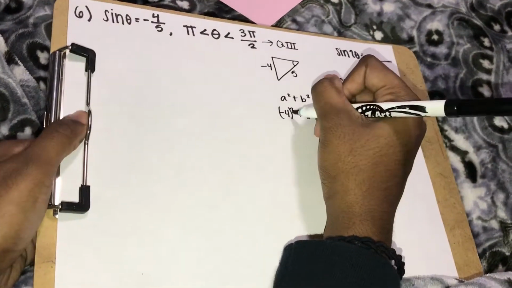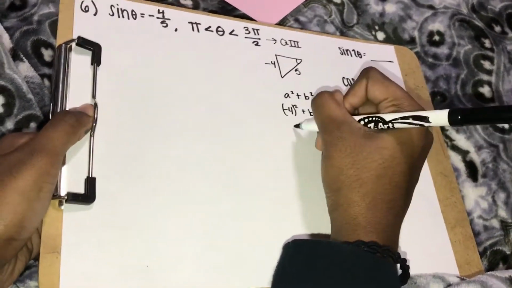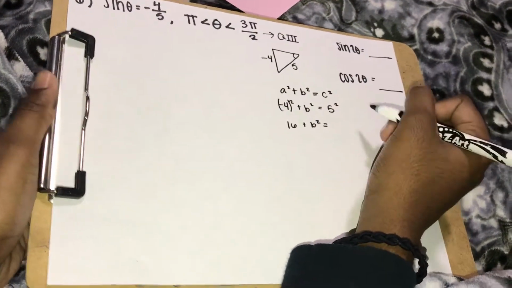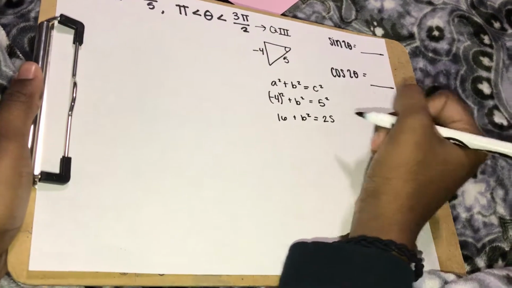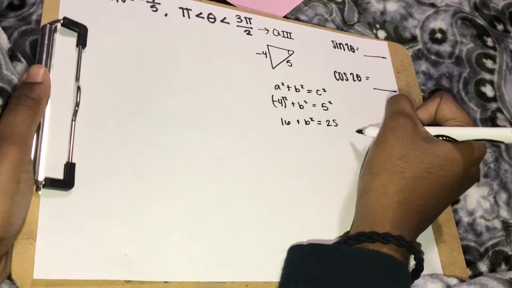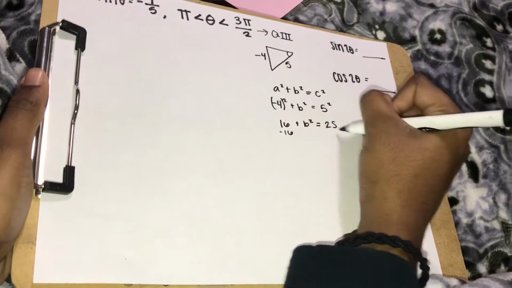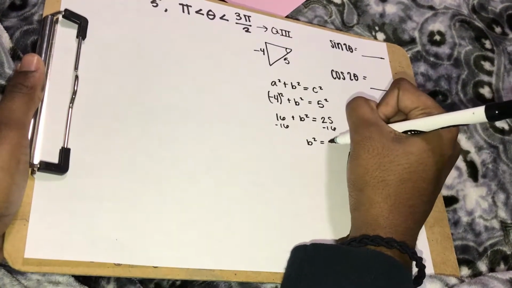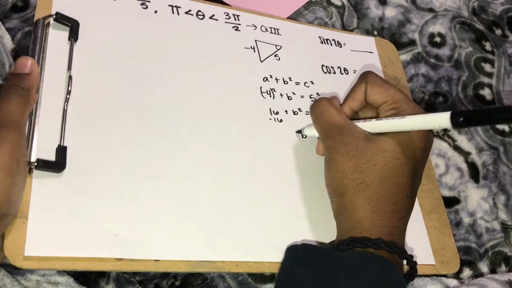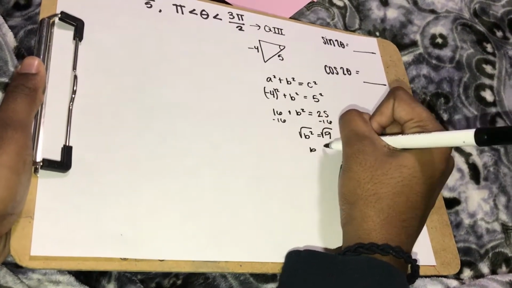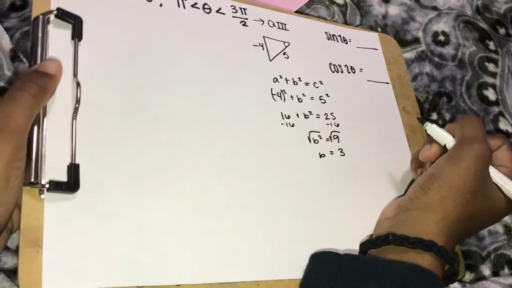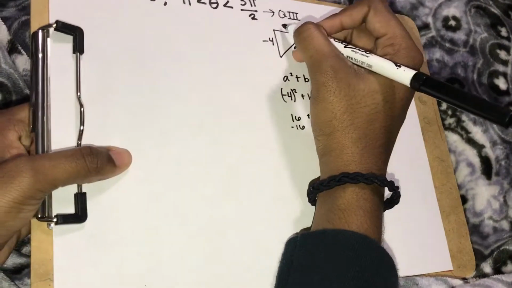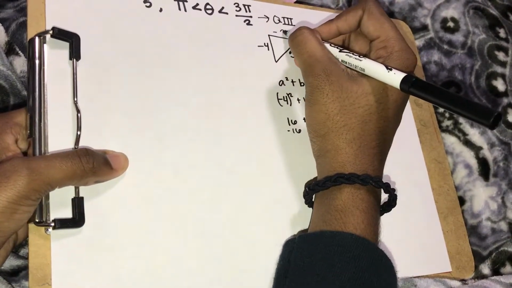So you'll get 16 plus b squared equals 25. If you subtract 16 from both sides, you'll get b squared equals 9. If you square root that, you'll get b equals 3. Since it's in the third quadrant, it's going to be negative. So go ahead and up to your triangle again and do -3.